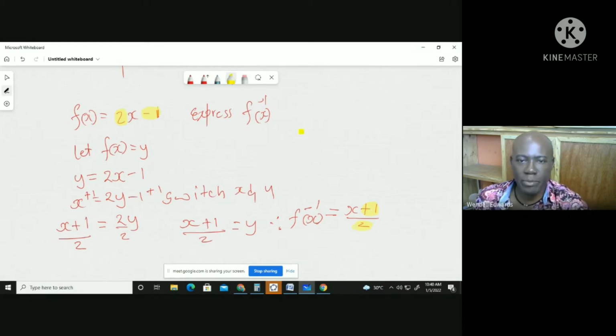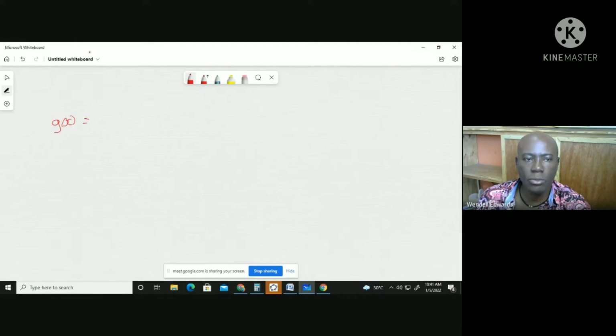All right. Let's look at another one, g of x equal to 4x plus 5 over x plus 1. Now, our intention is to express the inverse of g of x.